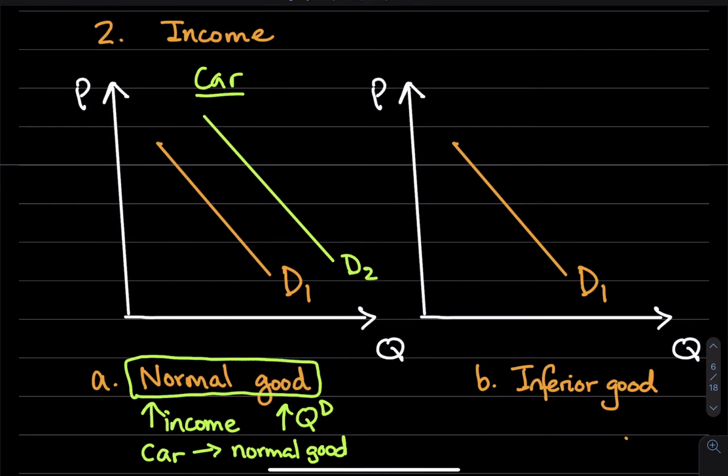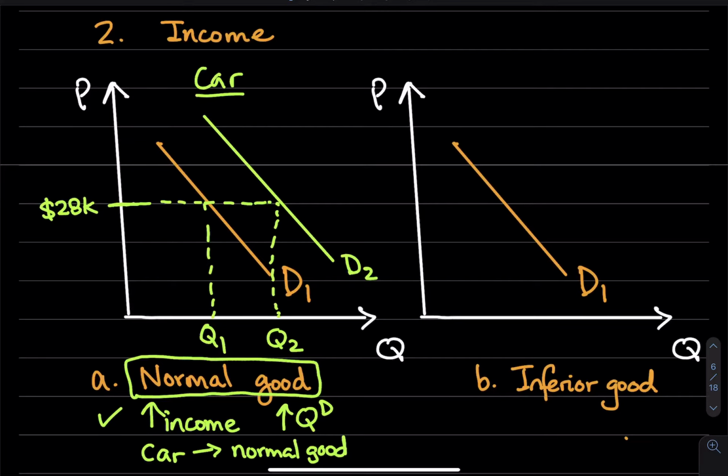Many other people like yourselves would also respond in similar ways. So let's say this is a Toyota Prius priced at $28,000. Then we are thinking about Q1 being the quantity demanded for cars under the original demand curve, and Q2 being the quantity demanded for cars when income has gone up.